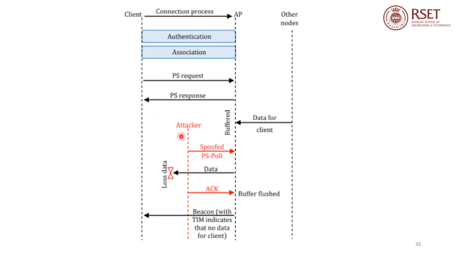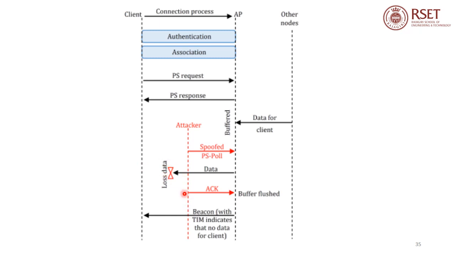Now, the attacker who is sitting in between the wireless station and the access point can send a spoofed PS poll control frame to the access point, and the access point, who has already buffered and collected together data which has come from other clients, will start sending it out because it thinks that this PS poll control frame has come from this wireless station. But this wireless station is still in the inactive mode, and this data will be lost.